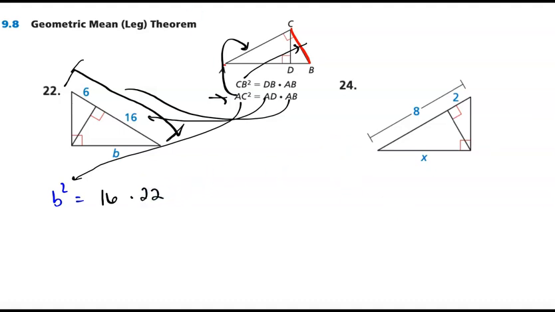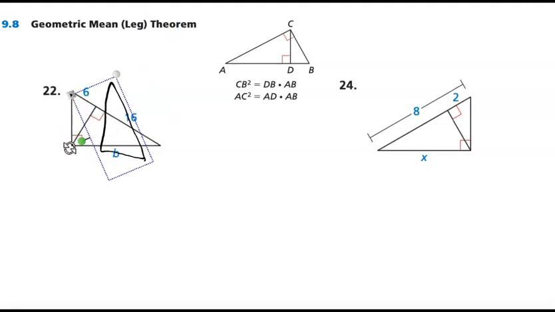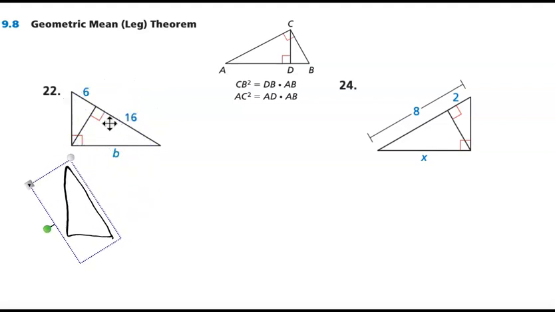Again, if that doesn't really click, let's look at it as a proportion again. So I definitely want this triangle here because it has the B. Alright, so if I take that, pull that out, this is my B and this is my 16.